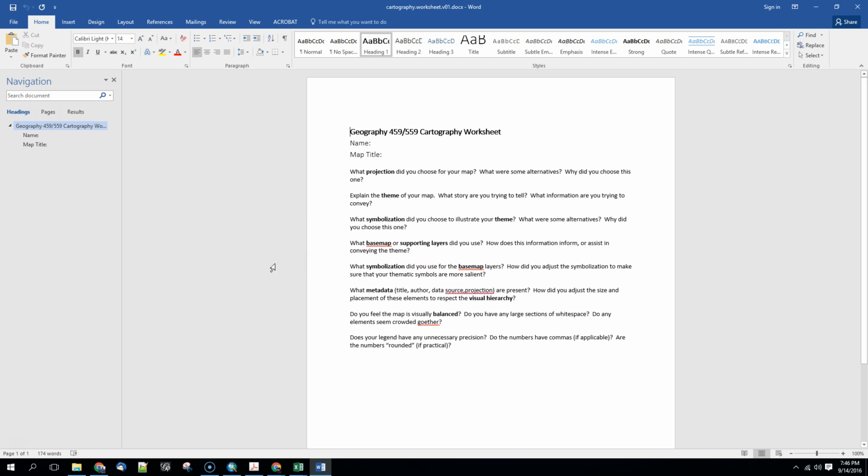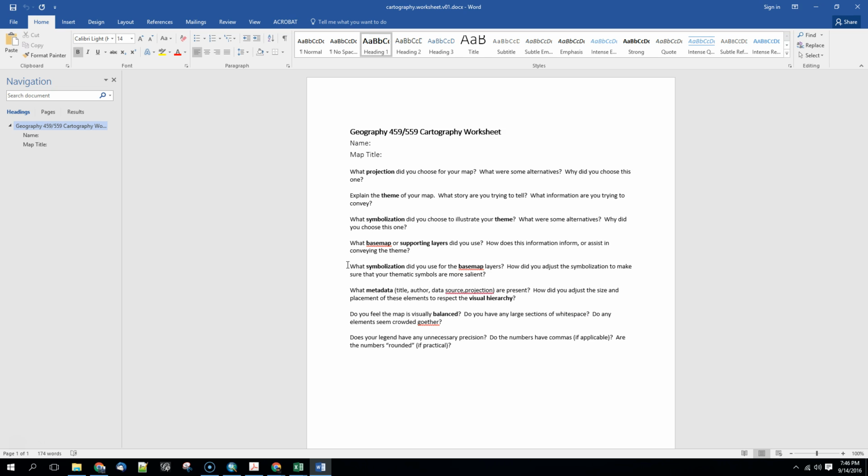How did you adjust the symbolization to make sure that your thematic symbols are more salient? So the story that you're trying to tell, the symbolization is the key. The base maps are really just there to support. So think about the slide in the initial unit about maps of schools in Lawrence, Kansas. That's a really nice way of illustrating the point about how toned down your base map layers should be.